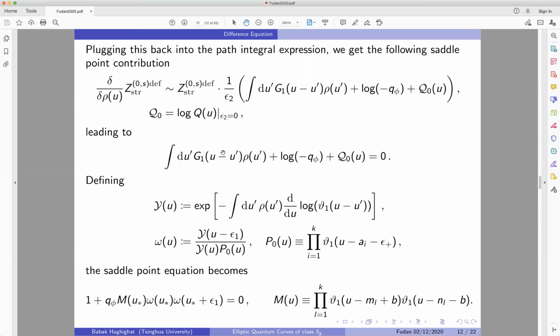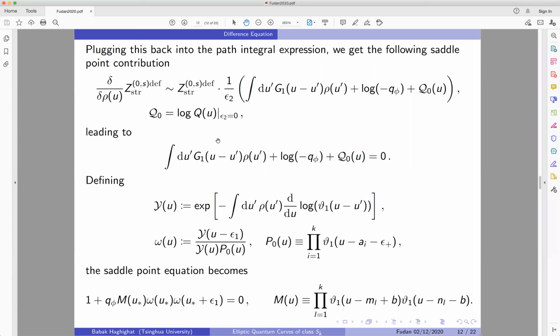The previous elliptic genus is always a product of theta functions, so it will always boil down to these kinds of building blocks; eventually this y function is the main building block. And to rewrite the saddle point equation, we're going to also use this omega function, which is this particular ratio of these y functions and this piece here, which only depends on the 6D gauge fugacities.